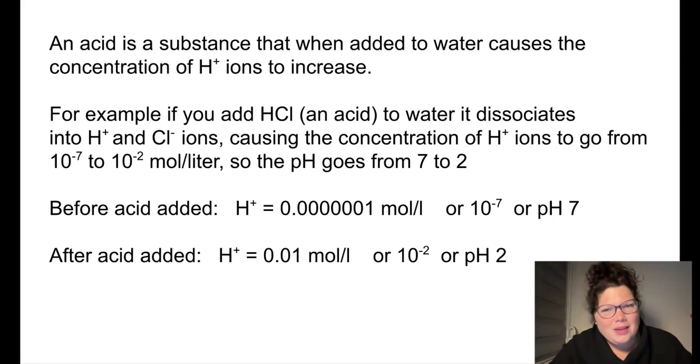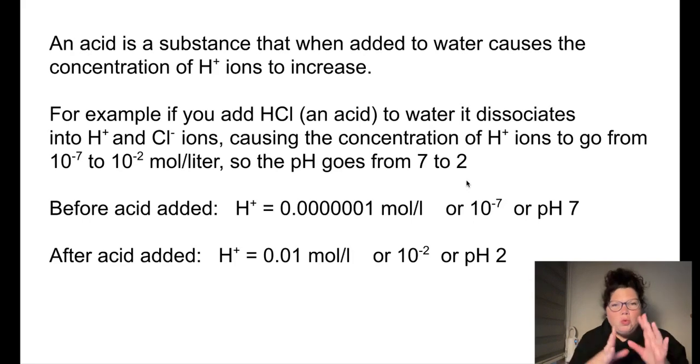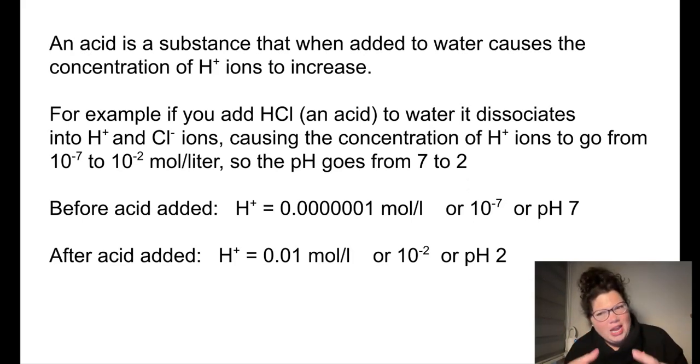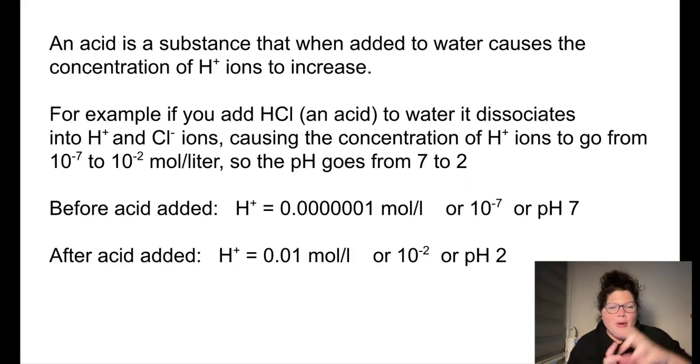That Cl- ion we don't care about, but that H+ ion is what's going to create that acidity. By having more of these H+ ions, we're going to take our concentration from 10 to the negative 7, which is what it was with water, to now 10 to the negative 2, which is going to take our pH from 7 to 2. So when we add more hydrogen ions, our pH number goes down.